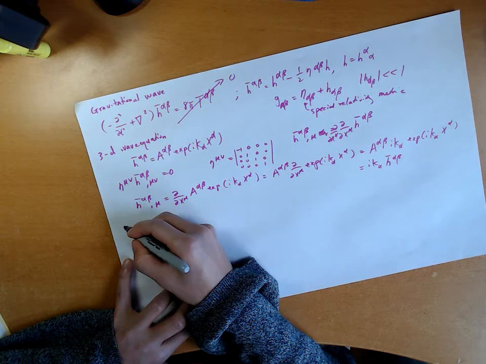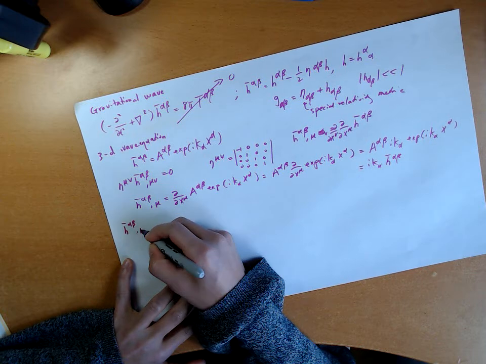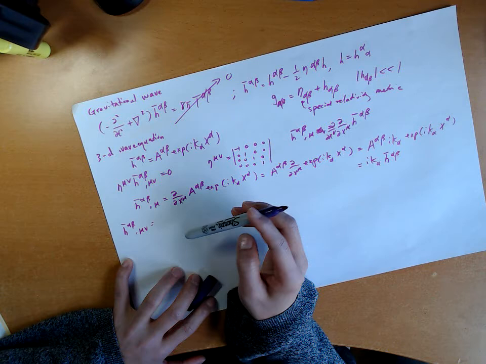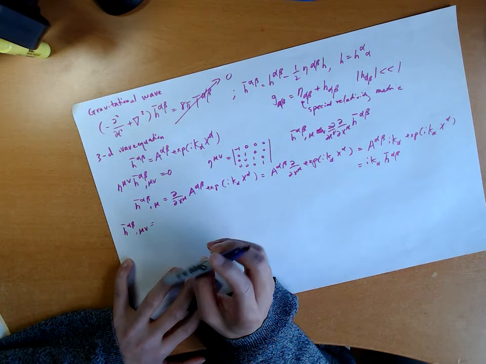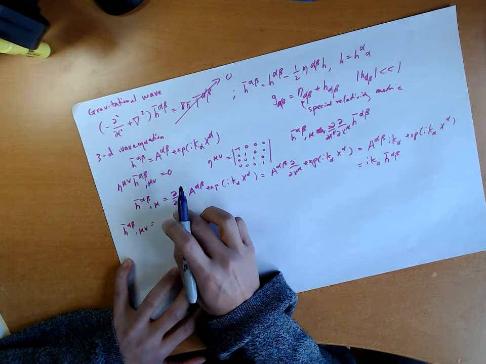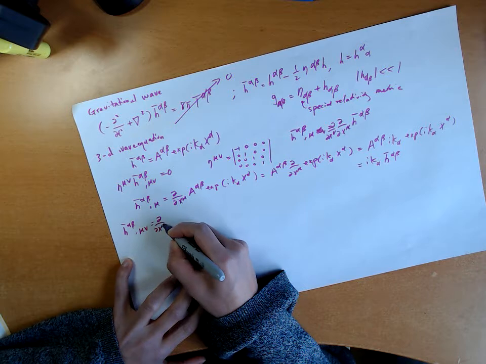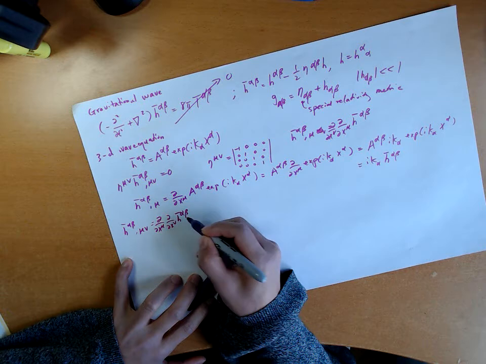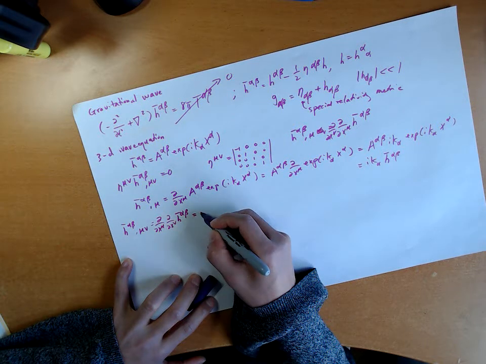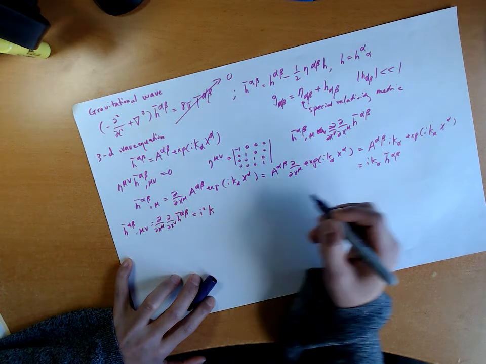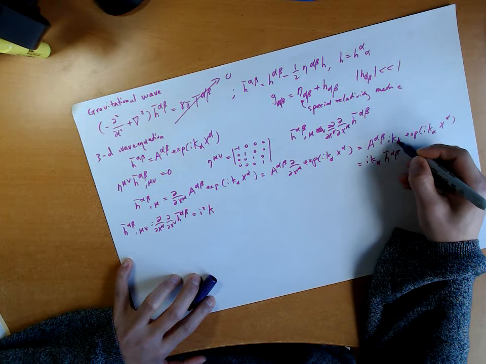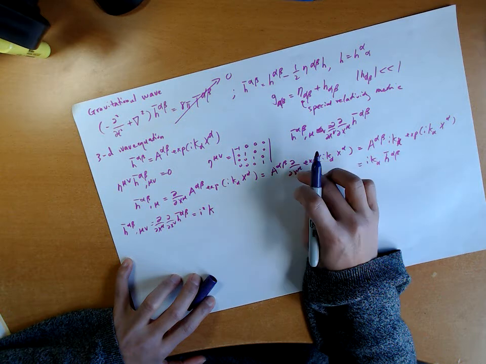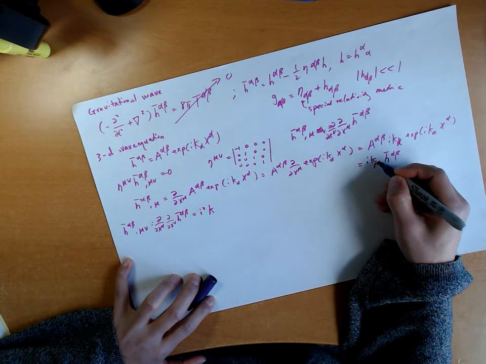So we can now see that if this will become i squared h, wait, this is mu. This is x mu, x k alpha. If alpha does not equal mu, it equals 0, so this has to be mu.